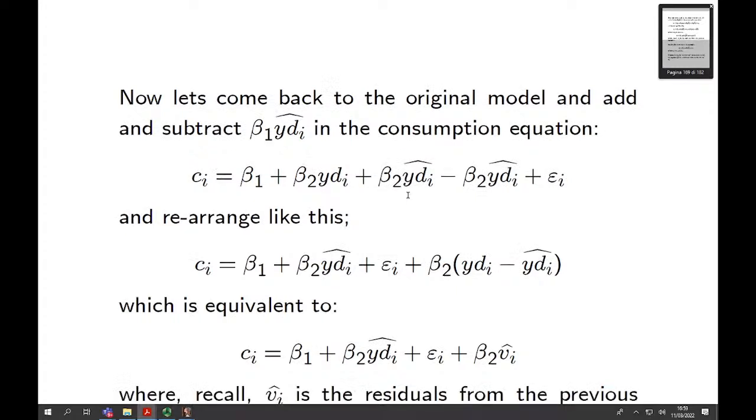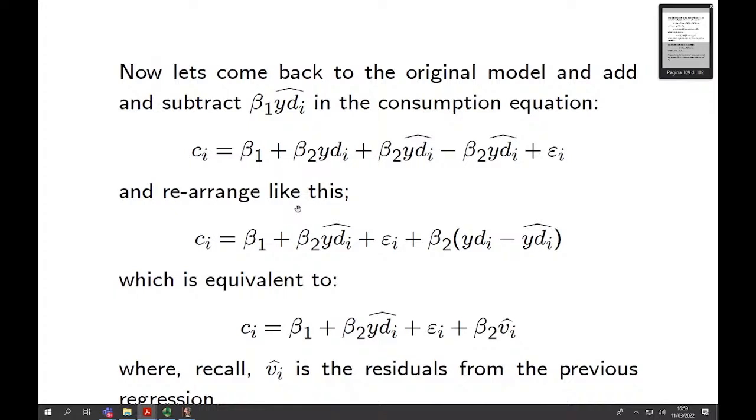Then I rewrite the model like this. My new regressor is now no longer disposable income, but disposable income fitted from the previous model. And then I have the error term. Then I rearrange the model like this. I have beta 2 times this difference here.